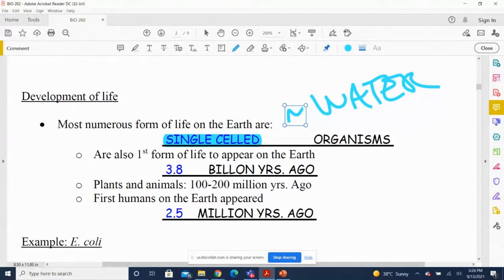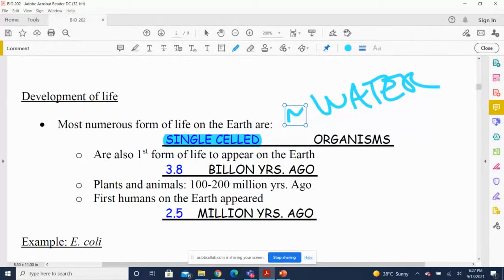We had just single-celled organisms, so there were not really highly organized multicellular structures. It's the single cell that served all the purposes for supporting the life of that one cell only. The first form of life has been mapped. We assume, based on our best knowledge, that the first forms of life appeared on the Earth about 3.8 billion years ago.